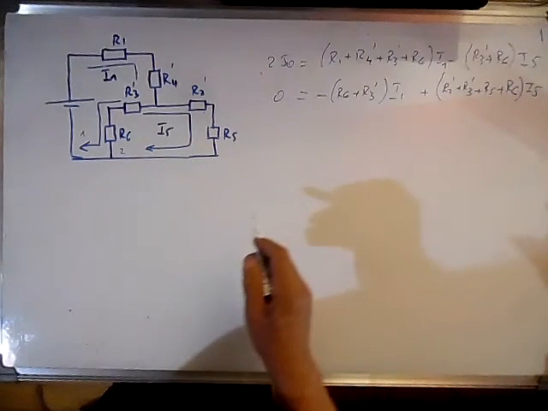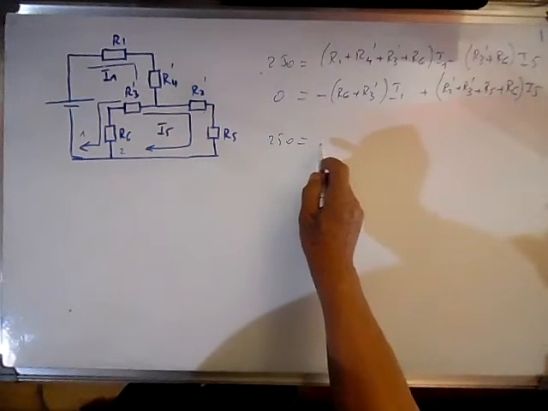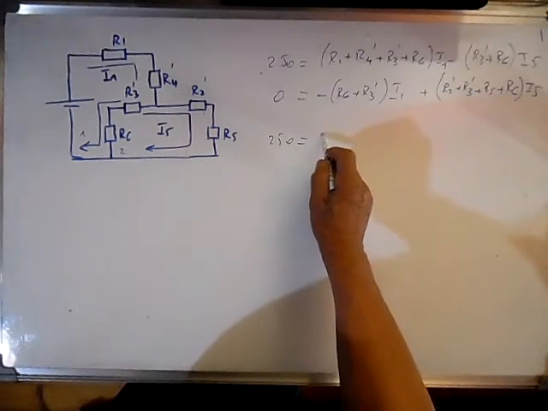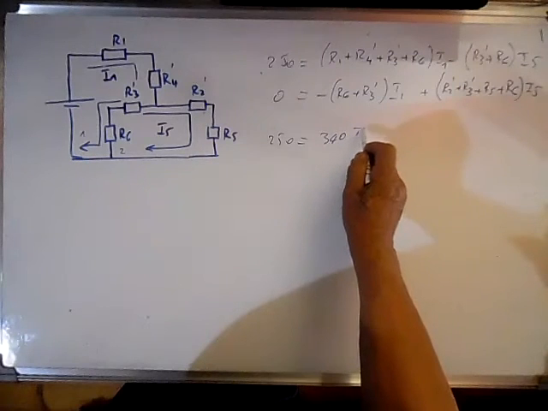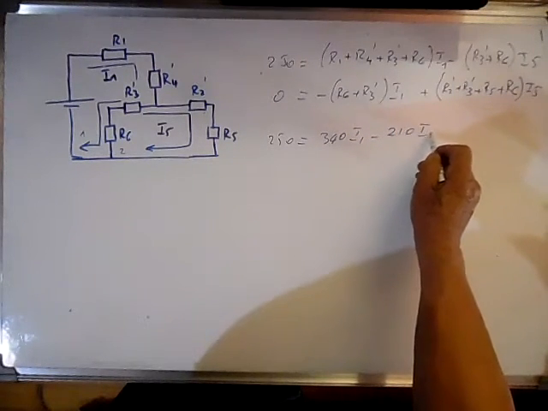So the numerical values, we will have 250 is equal to 340 I1 minus 210 I5.